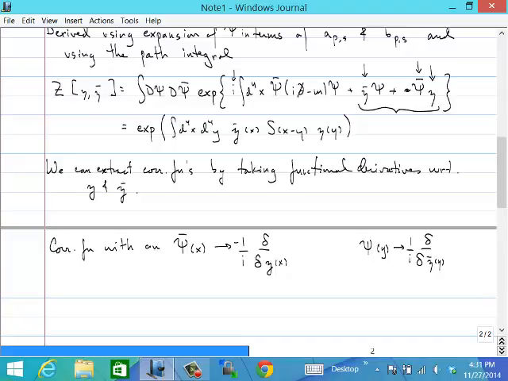So if you want to calculate a scattering process between a bunch of fermions and a bunch of bosons, you take the correlation function for those fermions and bosons, you act on them with Klein-Gordon operators for each external boson, with Dirac operators for each external fermion, and you go to momentum space. Okay? This goes through exactly as it does for the scalar case, just with a lot more indices.